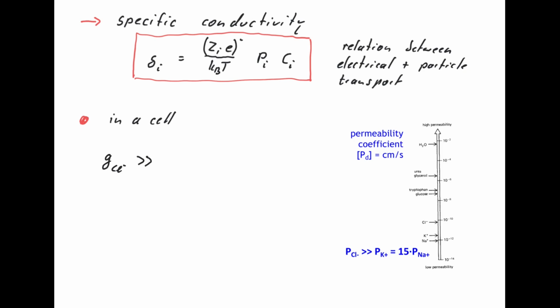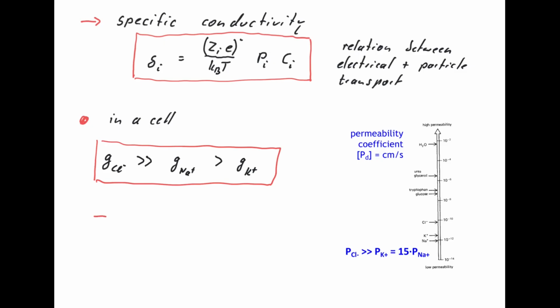Hence, for a cell it holds that the conductivity of the chlorine is much larger than the conductivity of the sodium, which is larger than the conductivity of the potassium. This particular finding leads us now to the final conclusion.